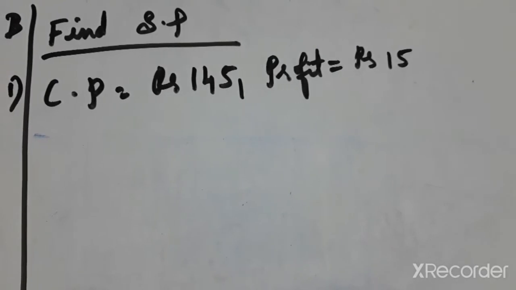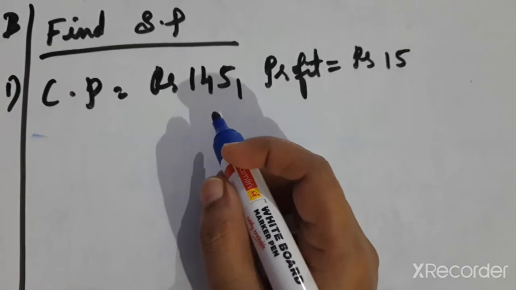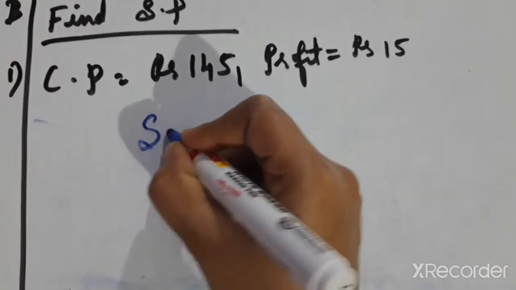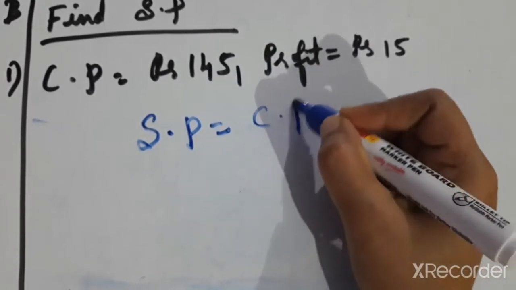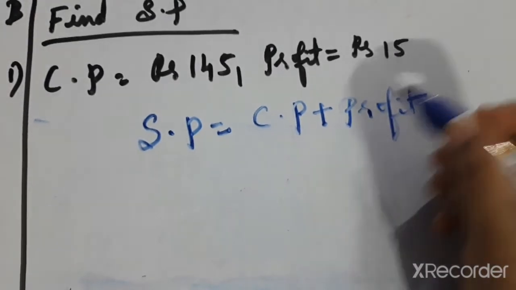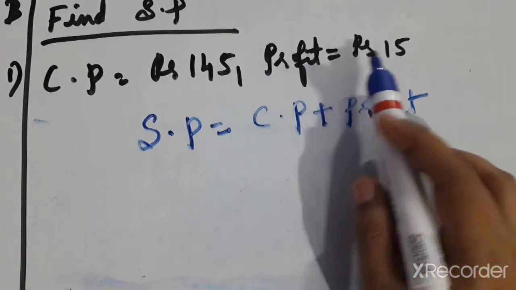Here cost price is given, cost price is rupees 145. Now we have to find the selling price. What is the formula when cost price and profit are given? Profit formula is selling price minus cost price. So when cost price and profit are given, then the formula is selling price equals cost price plus profit, because selling price is greater than cost price, so we have to add cost price plus profit.